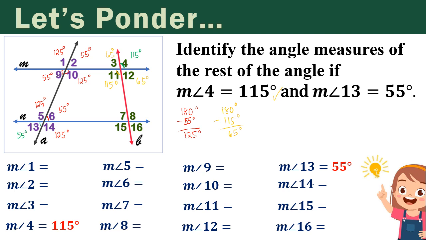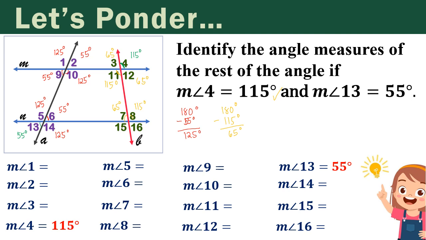Alright? Now moving on. So this time, I'm going to apply alternate interior angles again, wherein we all know that alternate interior angles are congruent. Thus, angle 12 and angle 7 should be both 65 degrees. On the other hand, angle 8 will be 115 degrees.